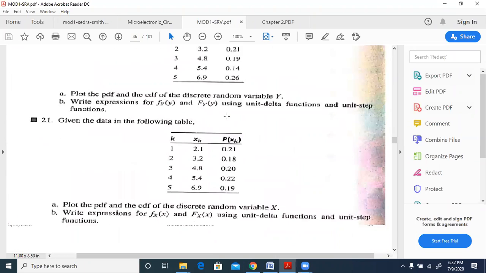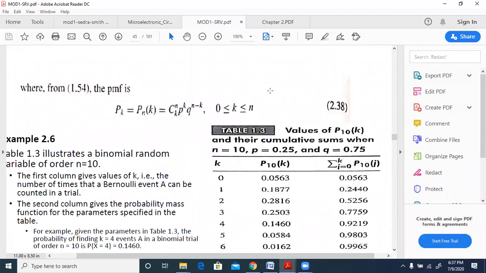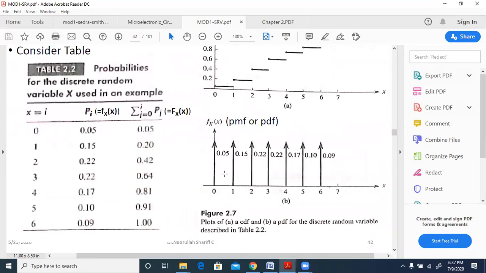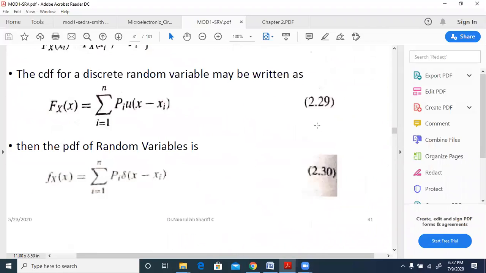So same way we need to do that. Only that these values will be at xk, what is the value of pk? At 2.1, you have 0.21. At 3.2, you have 0.18. So the plot of that will be something like this. So you will have to write this: at what value, what is the function?